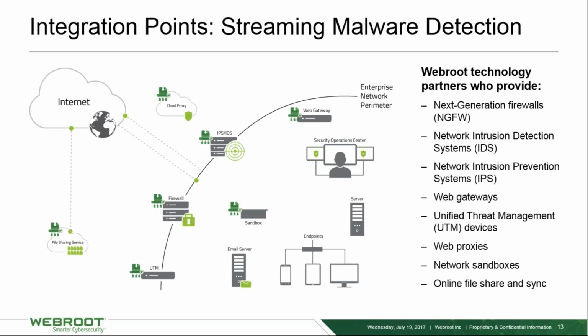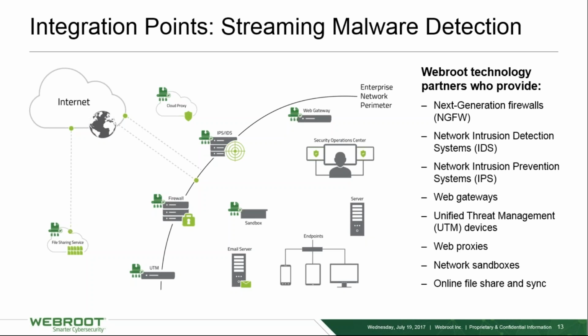The integration points for streaming malware detection, again, are right at the network perimeter. So what we're saying is that our partners can add this technology to their existing devices via a very simple to integrate pre-compiled SDK. And the technology is appropriate for things like network firewalls, intrusion detection and prevention systems, and web gateways.